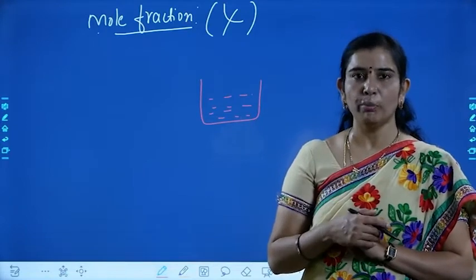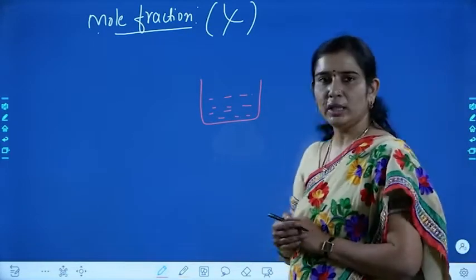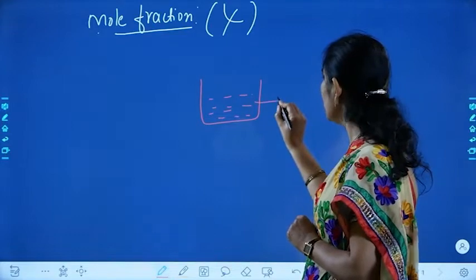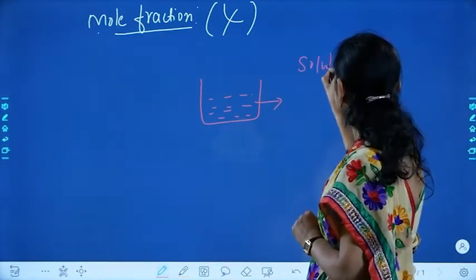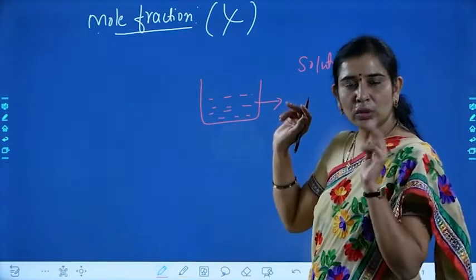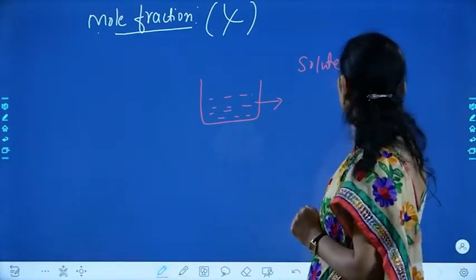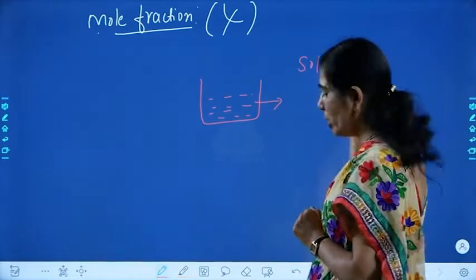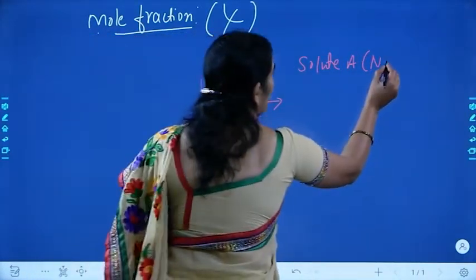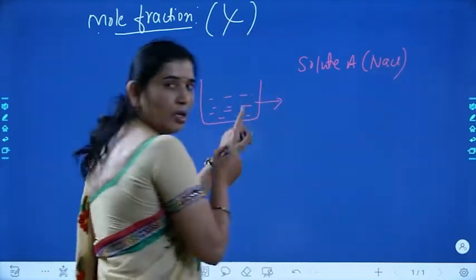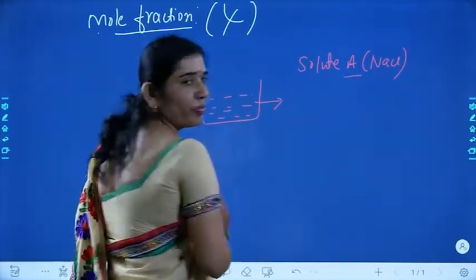For example, here you have taken a solution in which two different types of solutes have been dissolved. Solute A, for example, you assume it as sodium chloride. You are adding sodium chloride to the water as one of the solutes that I am treating as A.